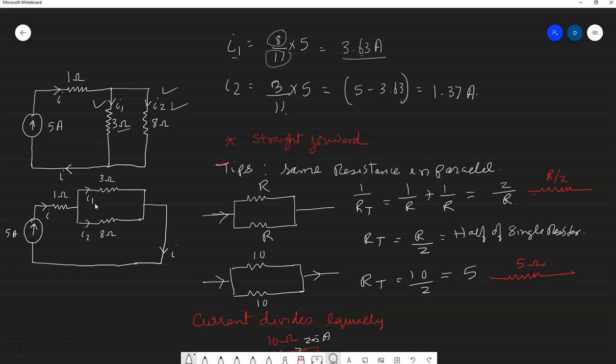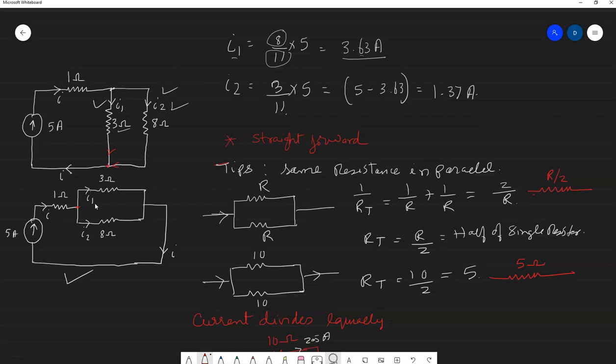Sometimes for some students, they find it easier when the circuit diagram is given in this way. Both are the same circuits. It's just the way the resistors are laid out in the diagram. If you look at here, the current I splits into I1 and I2, whereas here the current I splits into I1 and I2, and they both join at this node.